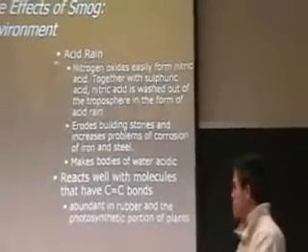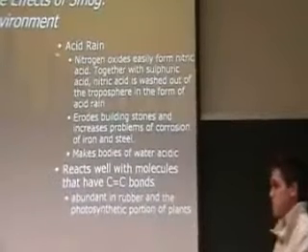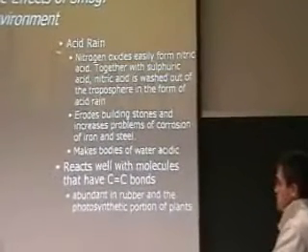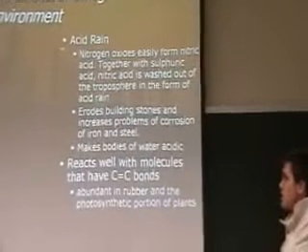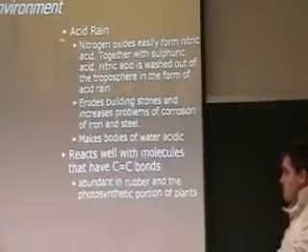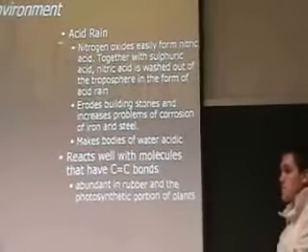The effects of smog on the environment: like Connor talked about before, acid rain is a huge result of photochemical smog. Nitrogen oxides easily form nitric acid, and together with sulfuric acid, nitric acid is washed out of the troposphere.